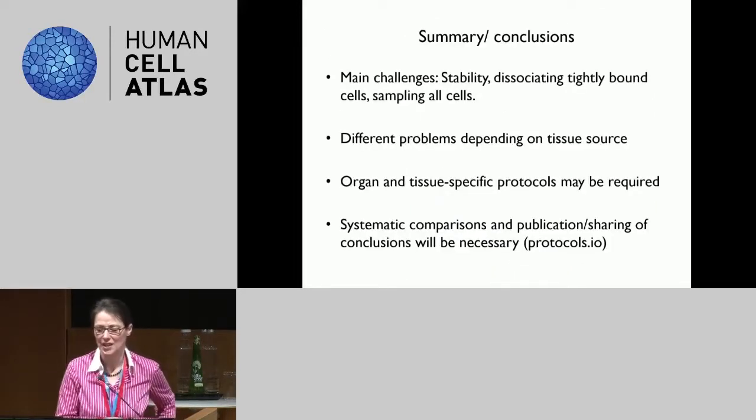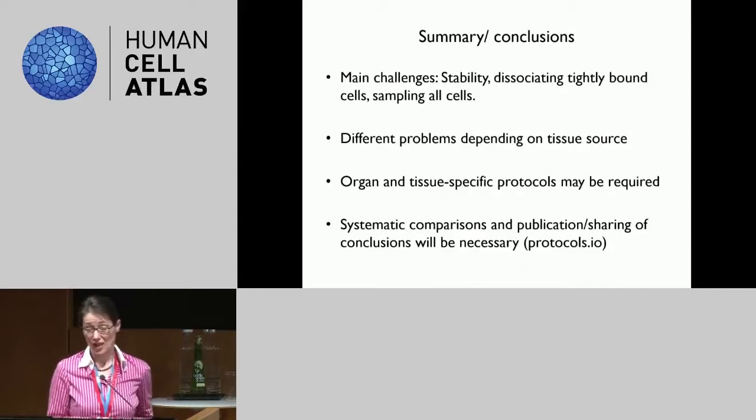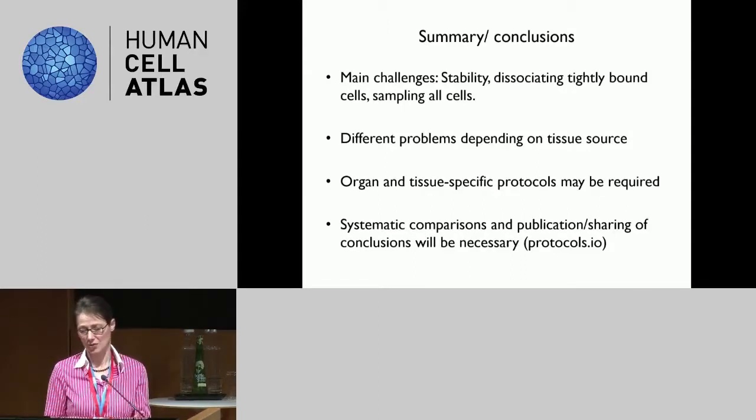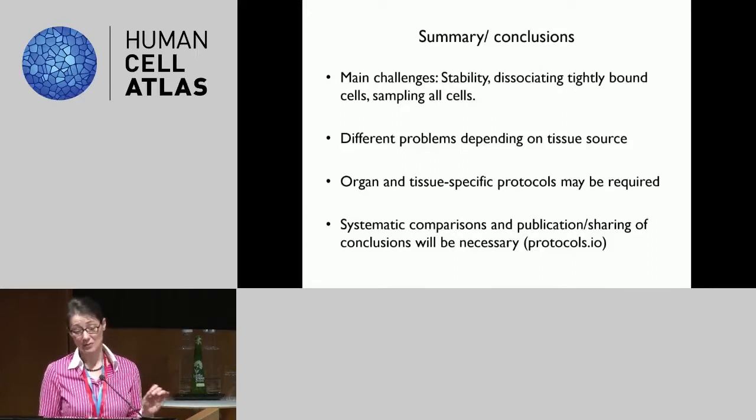Okay, so to summarize, I think that our main challenges when we're thinking about processing are firstly stability of the transcriptome, dissociating tightly bound cells and sampling all cells, including rare cells. And there will be different problems depending on our tissue source.